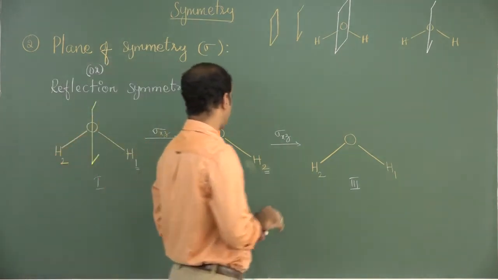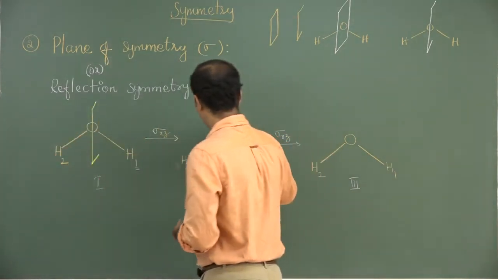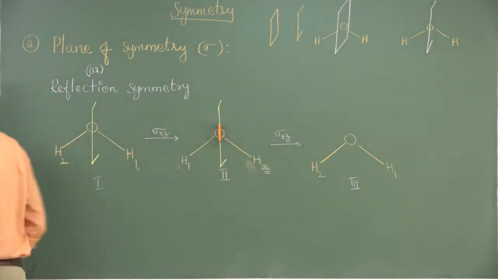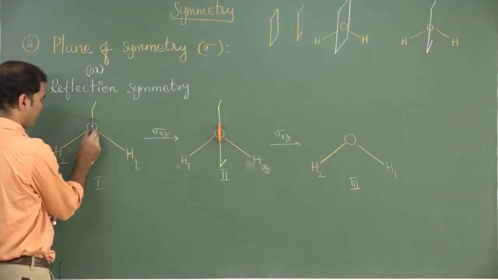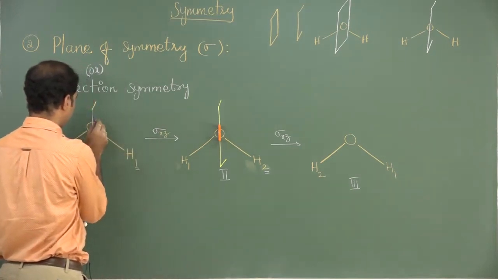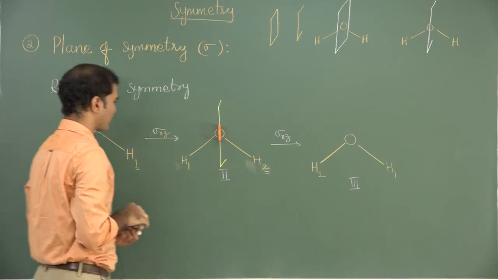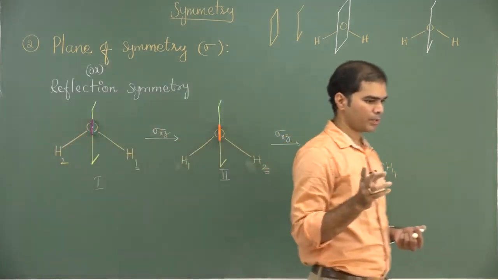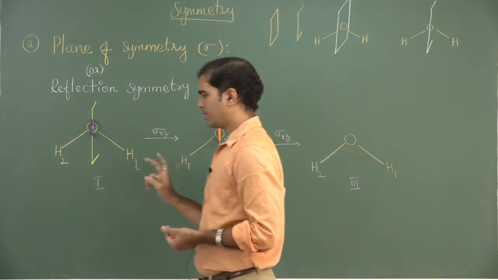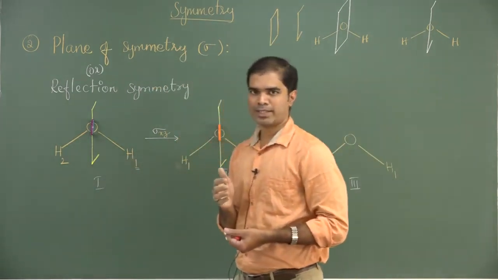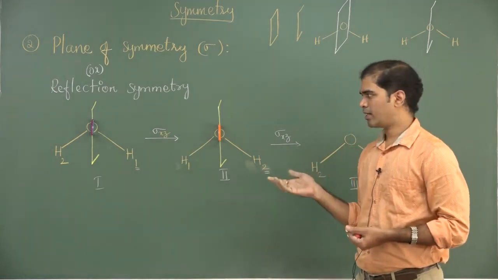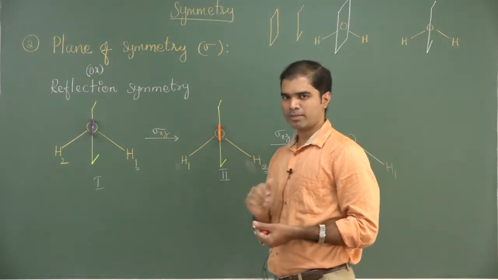Now after looking at these structures, you may just try to answer a simple question. H1 and H2 are being exchanged, or they are being reflected into one another. Does the oxygen shift, or does the oxygen exchange with any other atom, or is it changing its position?